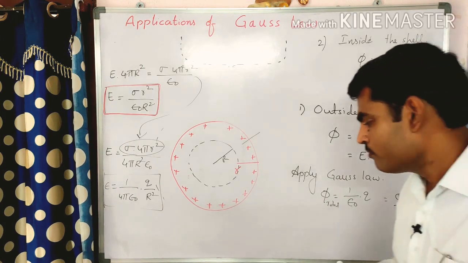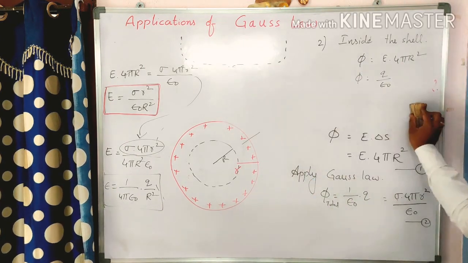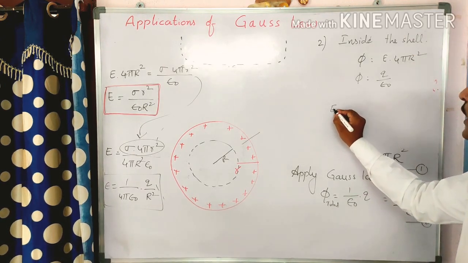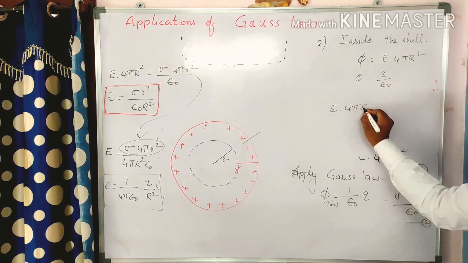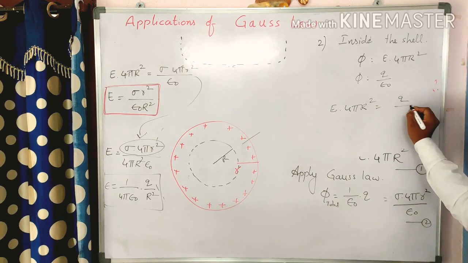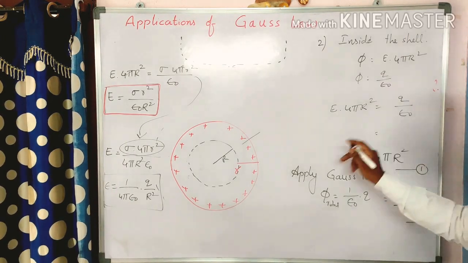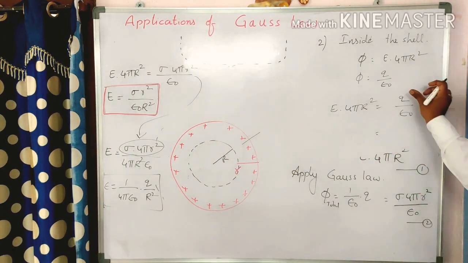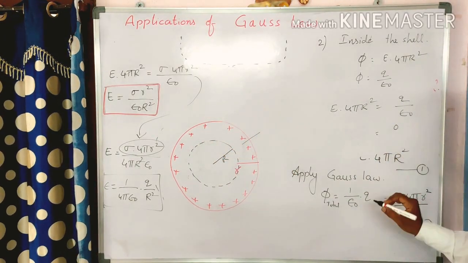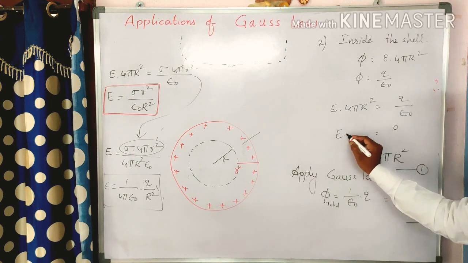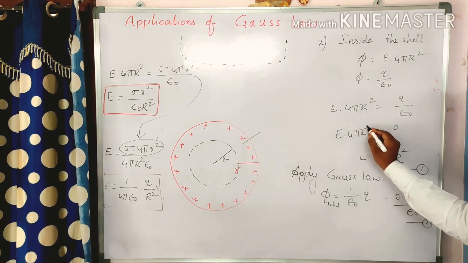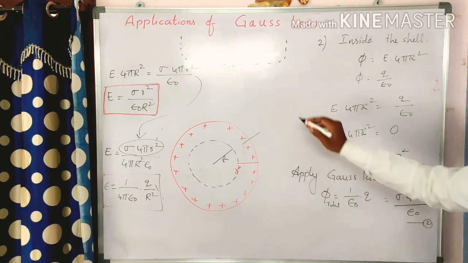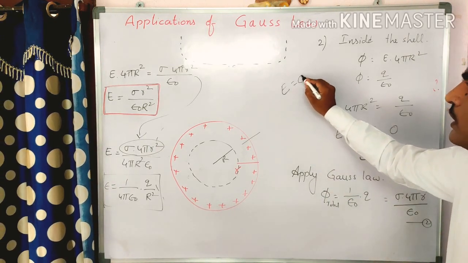Equate these two: E into 4 pi r square is equal to q by epsilon naught. What is the charge inside? No charge, so this is 0. When E into 4 pi r square is 0, E is equal to 0.